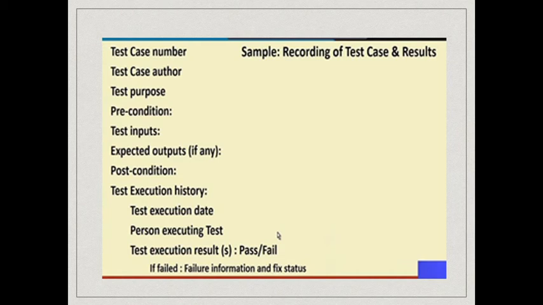Did it crash? Did it produce a wrong result? Did it go into an infinite loop? And so on. Then there is another field, because the developers need to fix each of the failure cases of the test cases. So there is a fixed status field where the developers can record whether they have fixed it or not yet.